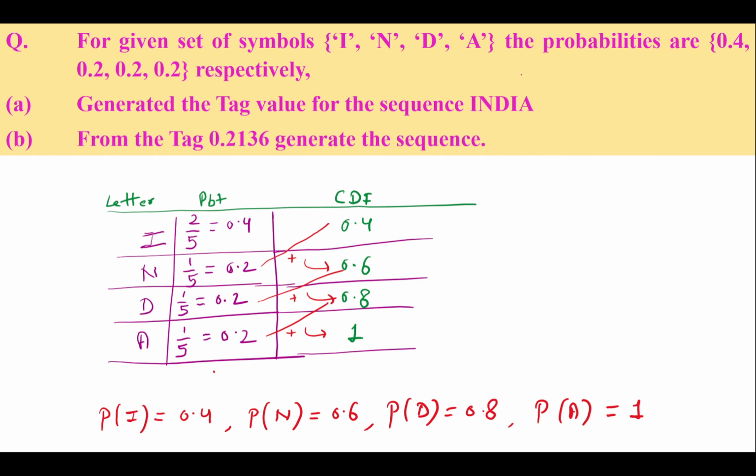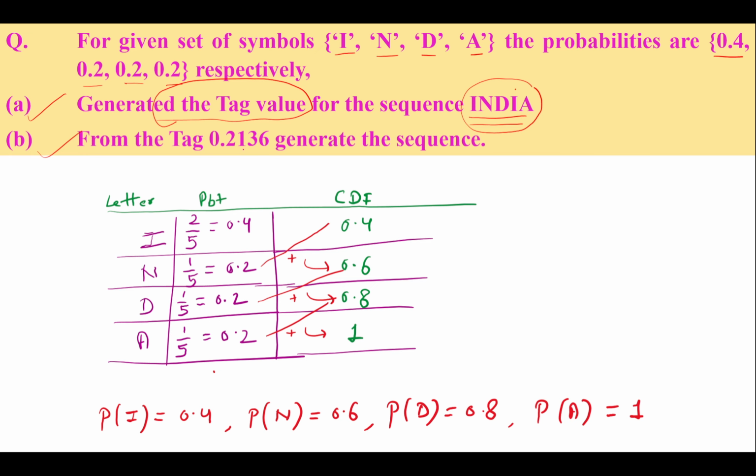I have given you some letters like I, N, D, A, and for these four letters I have given you the probabilities 0.4, 0.2, 0.2 and 0.2. In this question I will discuss two fundamental problems. The first problem is how to generate the tag value for the sequence, which is given as India.